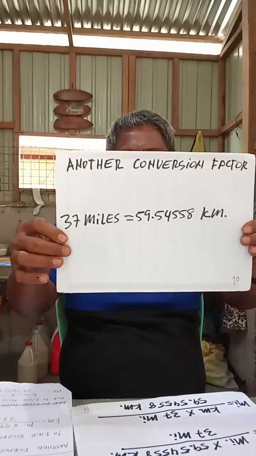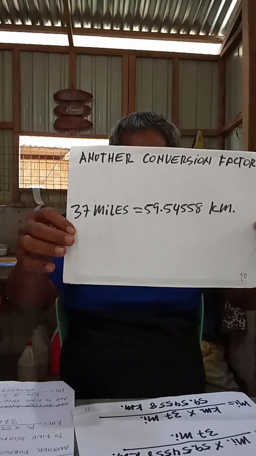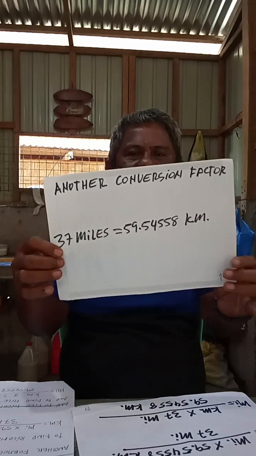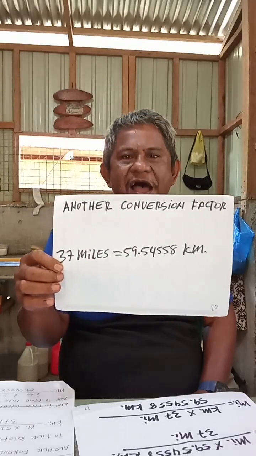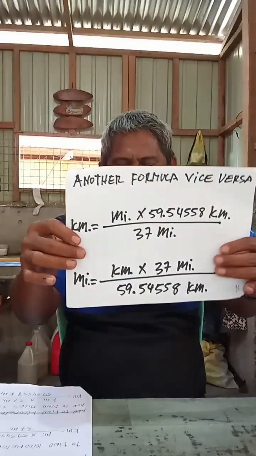So, how about this conversion factor? 37 miles is equal to 59.54558 kilometers. Pag sinabing conversion factor, siyempre meron yang formula. At ito ngayon ang ating formula.